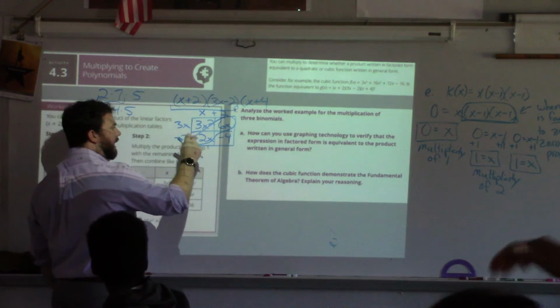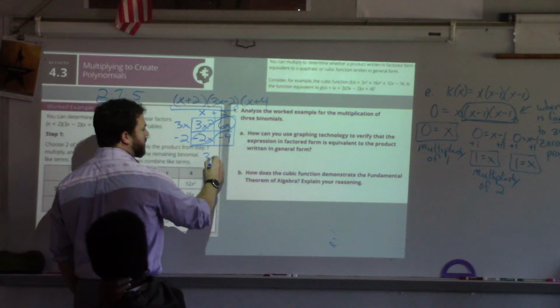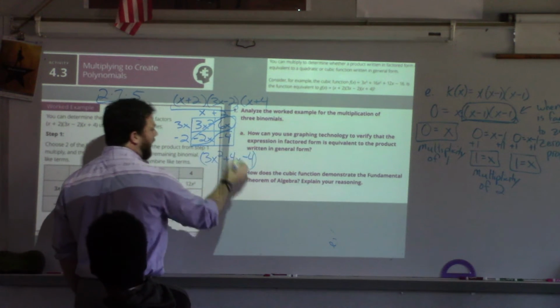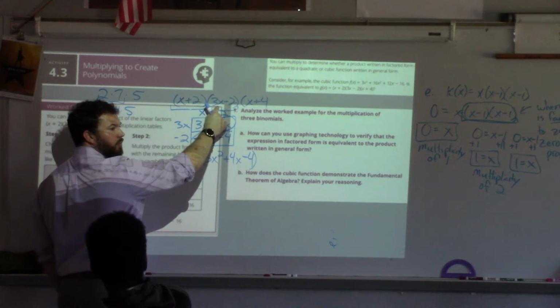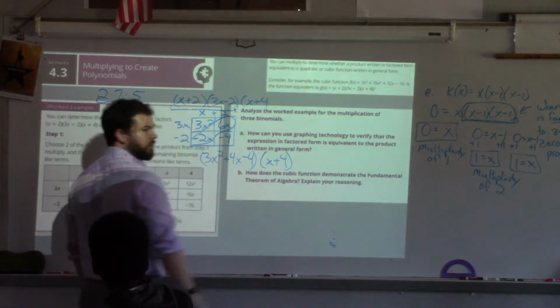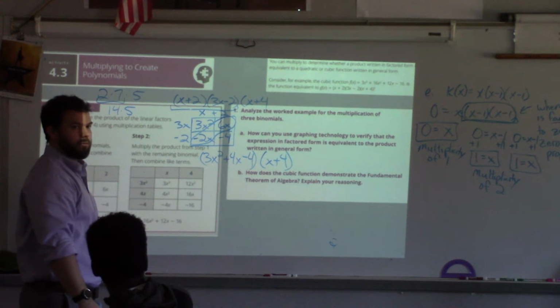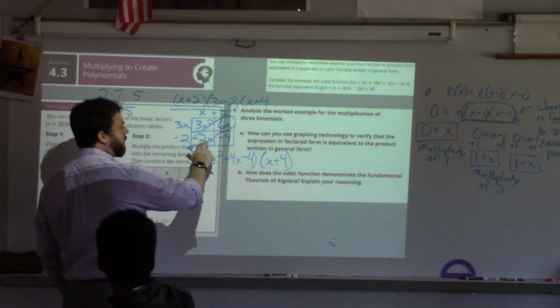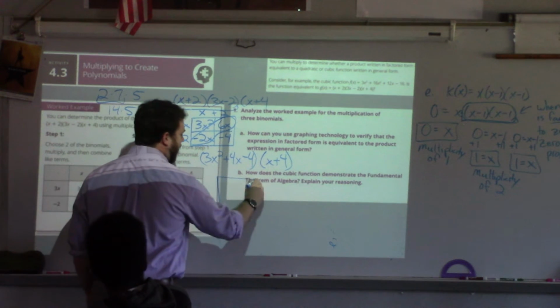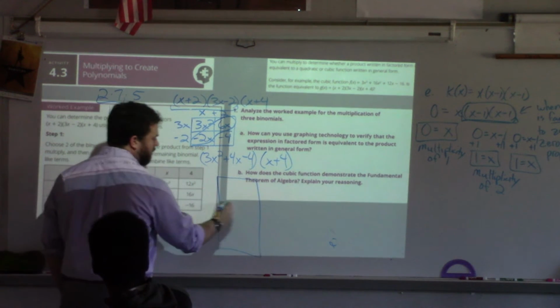So you would add those together, and 3x squared plus 4x minus 4, that is the product of those two binomials. Now I still need to multiply it by x plus 4. But it's exactly the same process if you do it from here, except you would need how many along here?